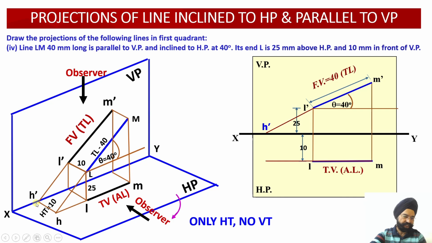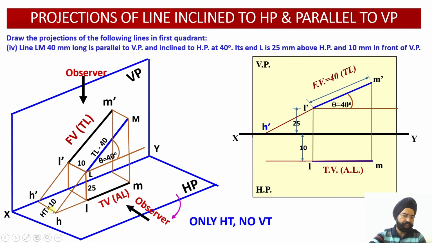I'll obtain H dash. From H dash, I will draw a perpendicular till it meets my plan view itself or its extension over here. Again, I repeat, I will extend my front view projection till it meets the XY line. It gives me H dash.